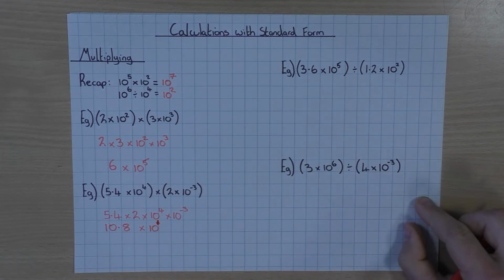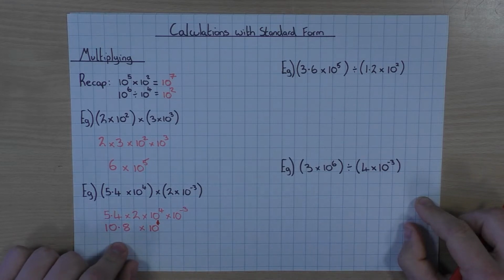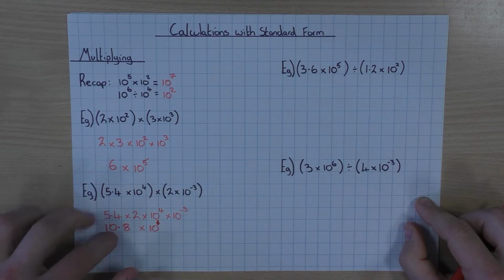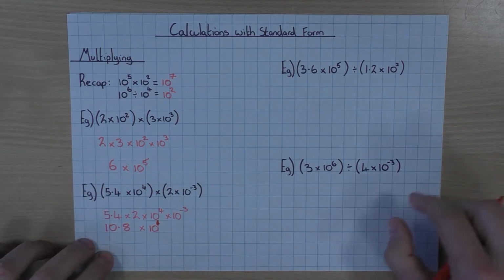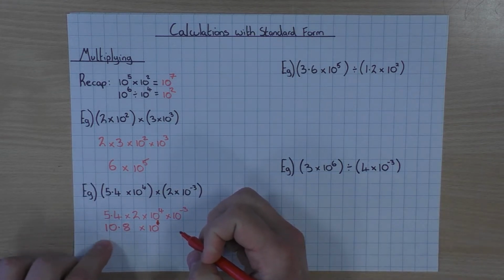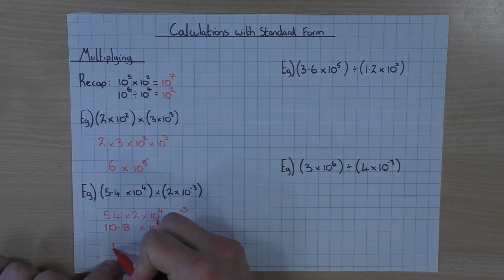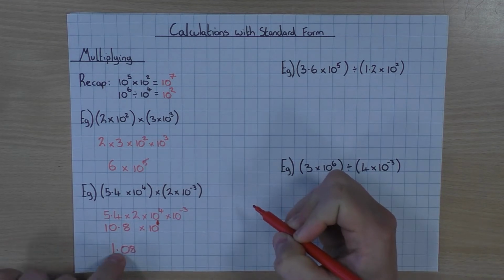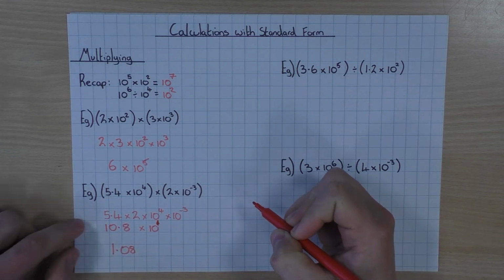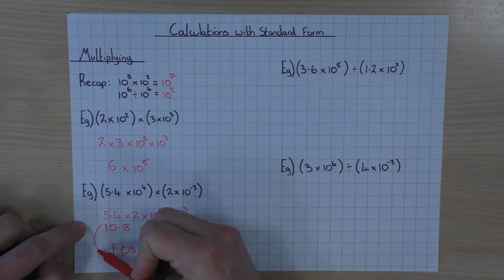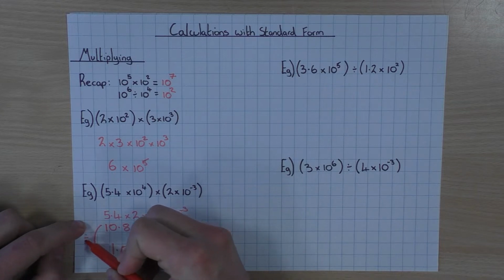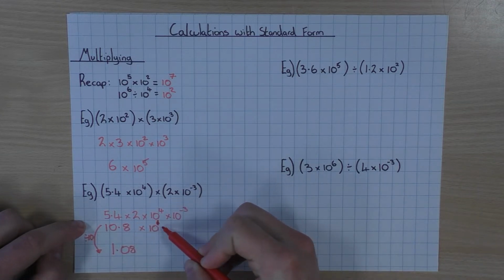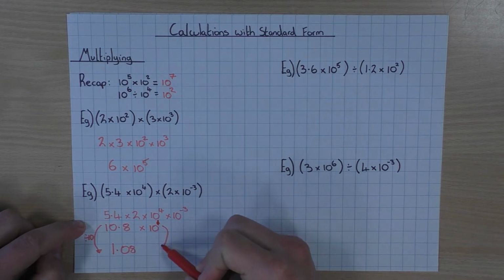Okay. Now this is not in standard form, because this number here is not between 1 and 10. So this is what I was talking about up here. You need to tweak it. So this number needs to be between 1 and 10. So it needs to be 1.08. So I've moved the decimal point there. So to go from this one to this one, what I've done is I've divided by 10, which means to keep it the same number on this side, I need to times it by 10.